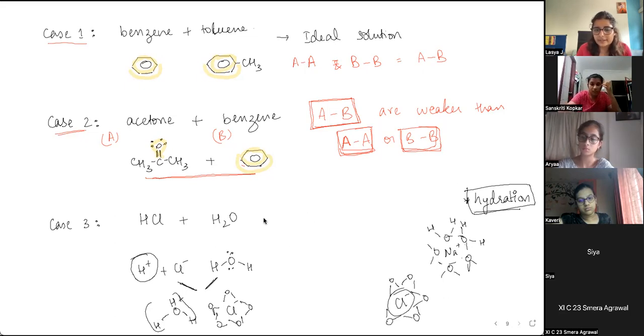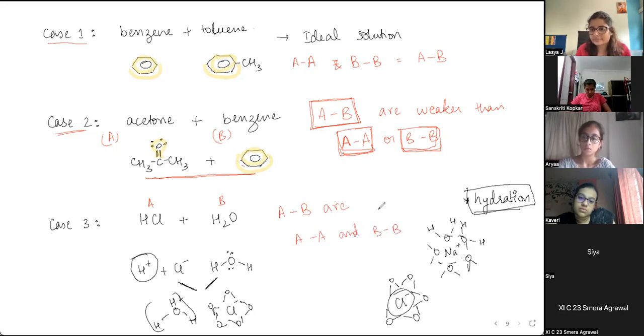If you compare, again, this is A and this is B. Would you say AB interactions are stronger or weaker than AA and BB, the individual attractions? Are they attracted to each other more, or less, or is it pretty much the same thing?